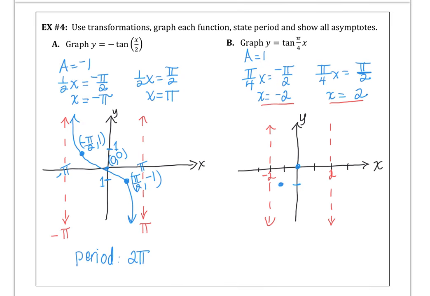So this is negative 1, negative 1. Halfway between this intercept and the asymptote, we have a high point at 1, which is 1, 1. And our graph is increasing on its domain from left to right. And the period is 4.